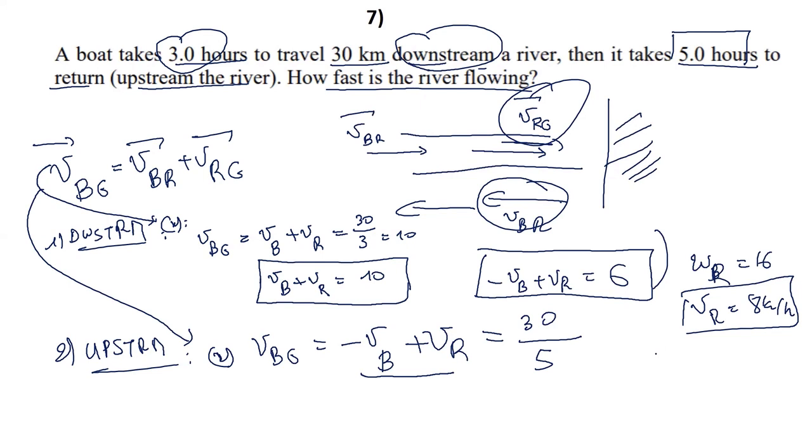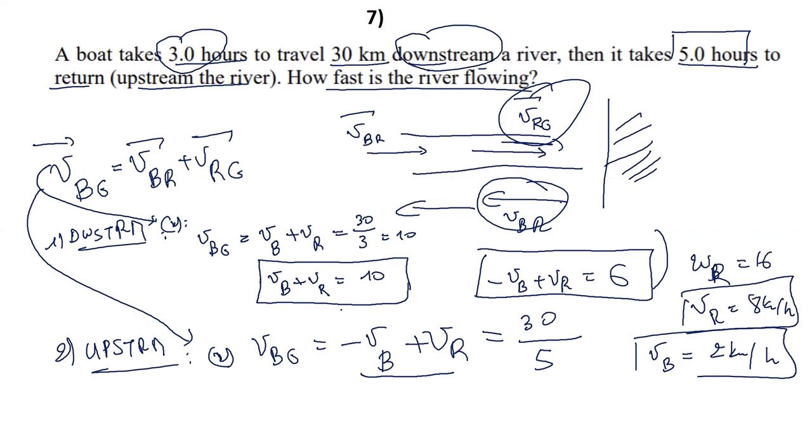The speed of the boat will be equal to what? Now there is a mistake here. So here I will have this, and here I will have V boat.